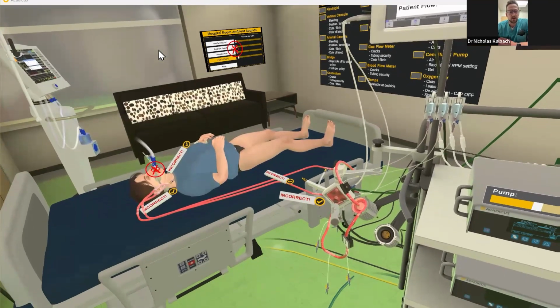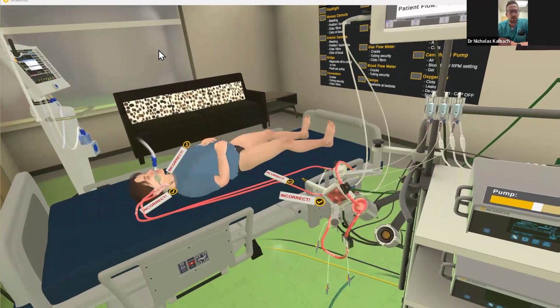So, starting from the neck, one of the most common cannulation sites when we talk about single site cannulation, what we typically use is a dual lumen catheter. This catheter has both drainage as well as return capabilities, all wrapped into one.